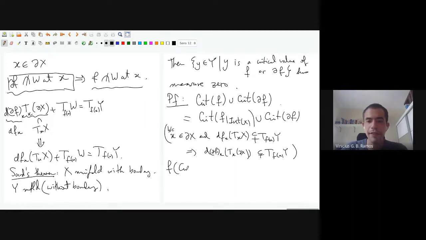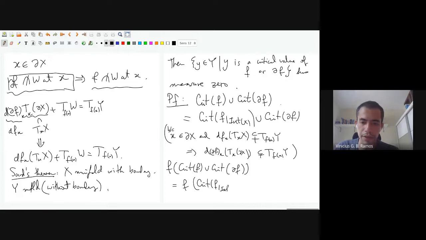So when I apply F to this, then I get the set of critical values of F or the boundary of F. And this is the same, of course, by this equality, as F of the set of critical points of F on the interior, union F of the set of critical points of the boundary of F. But now, of course, this is the set of critical values of a function from a manifold without boundary to a manifold without boundary, and the same thing here.